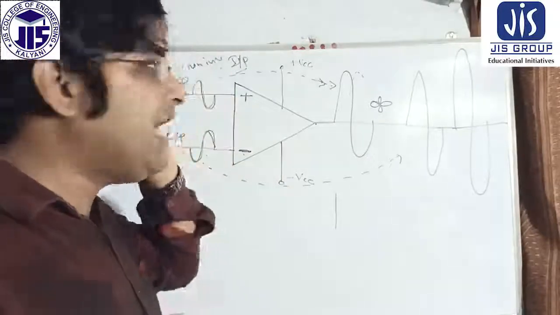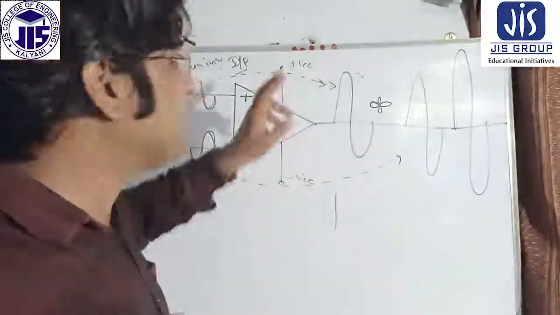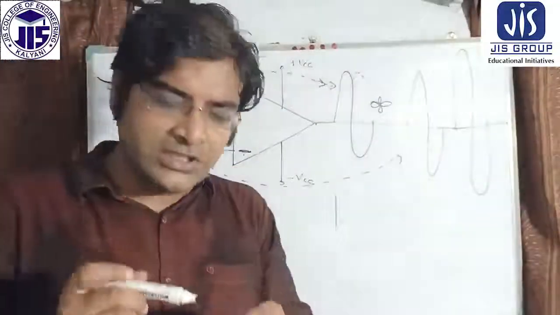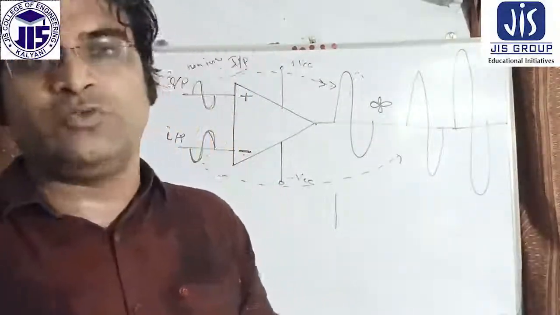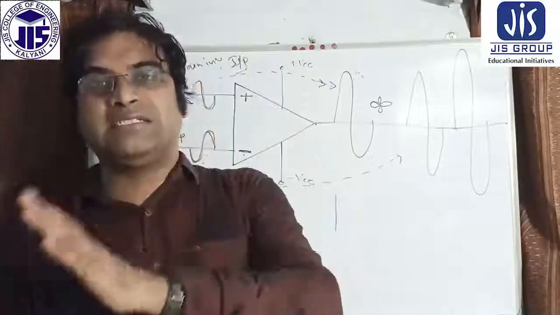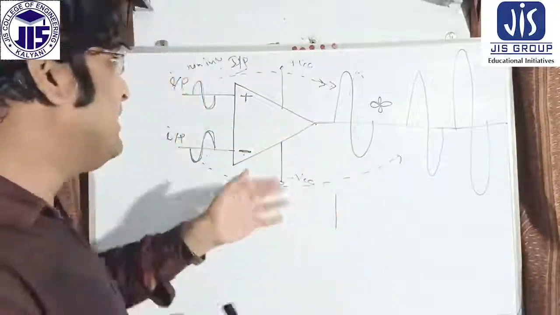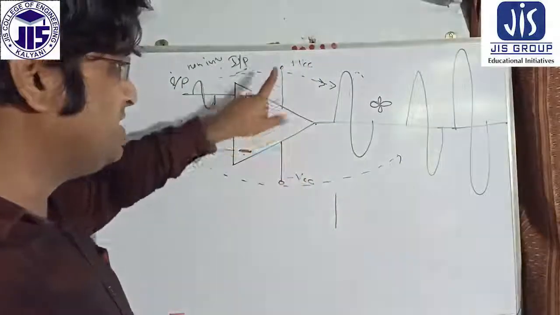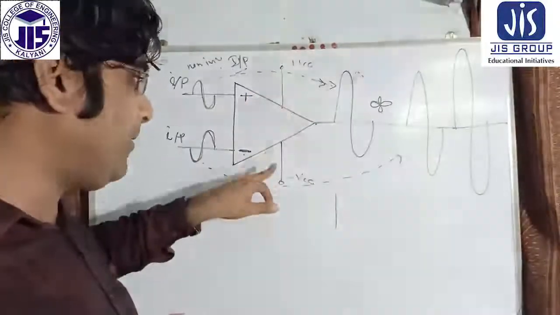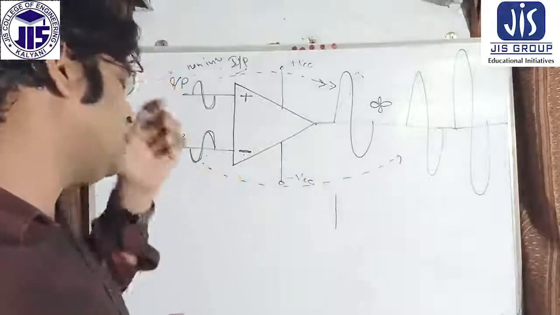It is not necessary to give these, but some books and some internet resources use these terms plus VCC and minus VCC. Basically this is the supply voltage. In an operational amplifier IC, there are two supply voltages: one is the plus VCC supply, another is the minus VCC supply. Suppose plus 10 volt and minus 10 volt. Like that, plus VCC and minus VCC are introduced here.